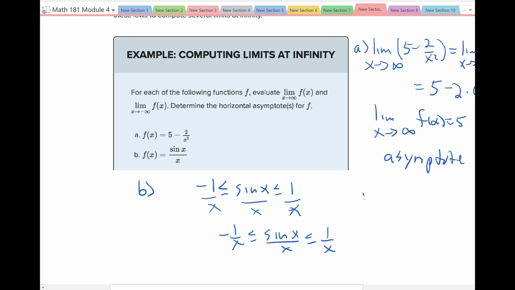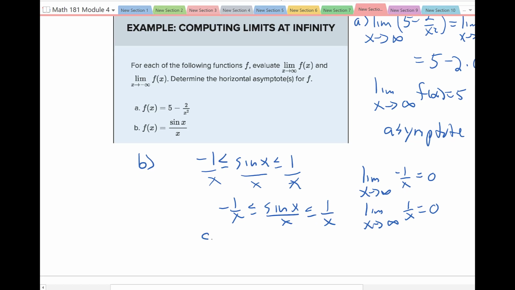The limit as x approaches infinity of -1 over x is 0, and the limit as x approaches infinity of positive 1 over x, the one on the right side, is also 0.